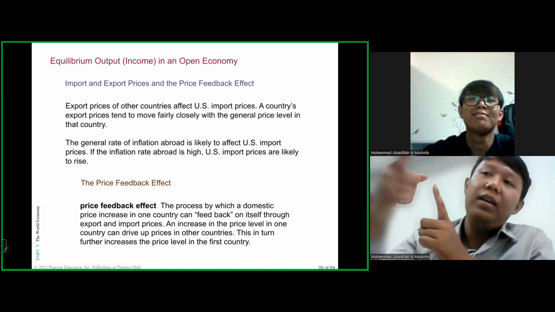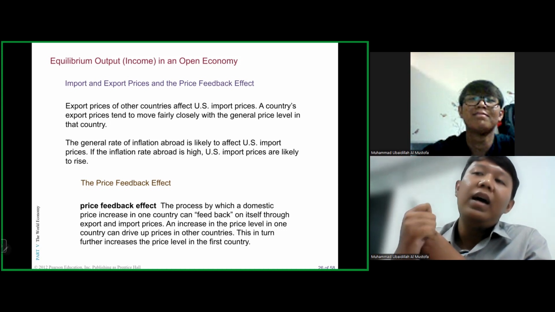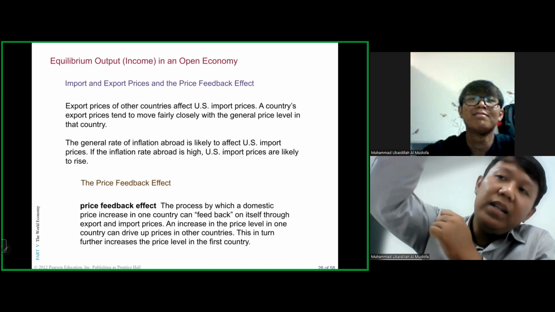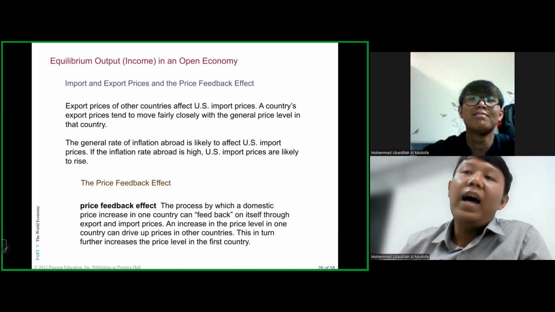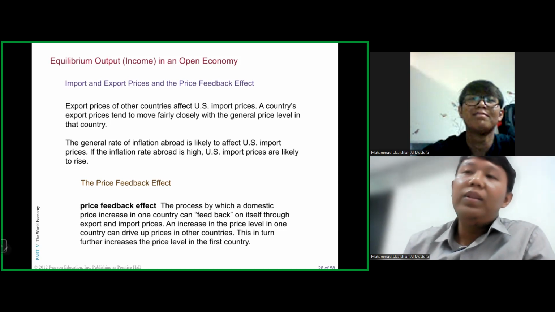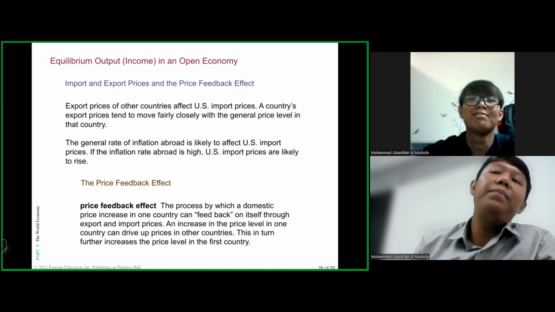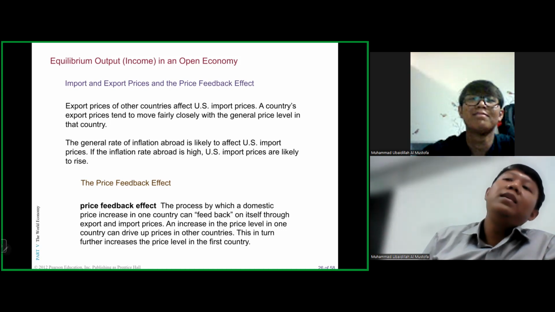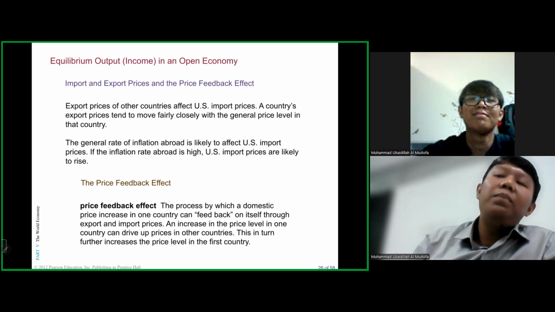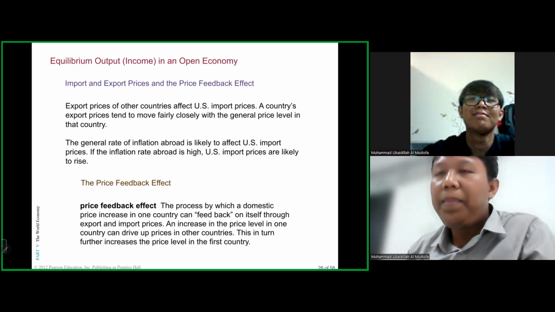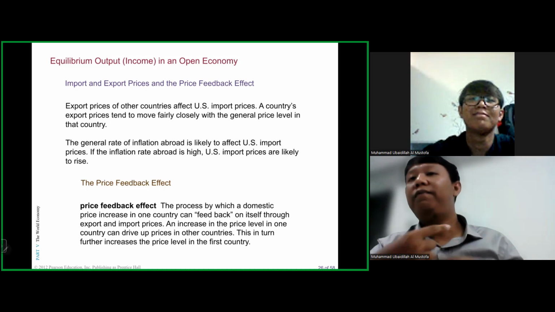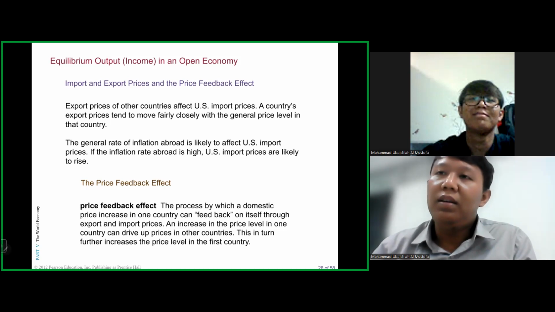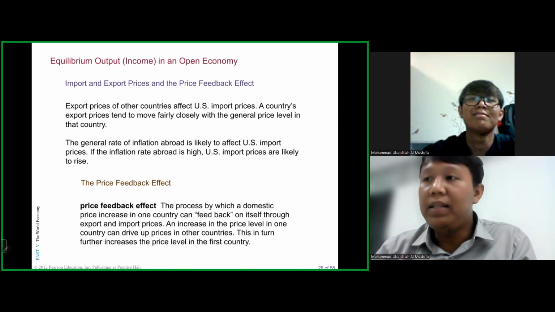Because of this higher price, it will lead to inflation in the euro area because now they are buying palm oil at a higher price, so it will push the inflation rate up in Europe. So that when they export their products to us, to Indonesia, they will be selling them at a higher price, because of this feedback effect due to the increase in price.